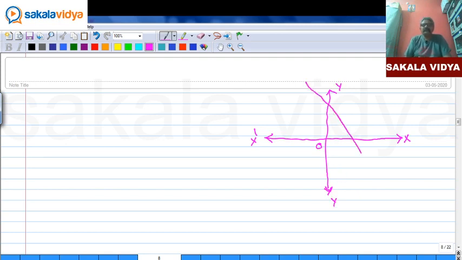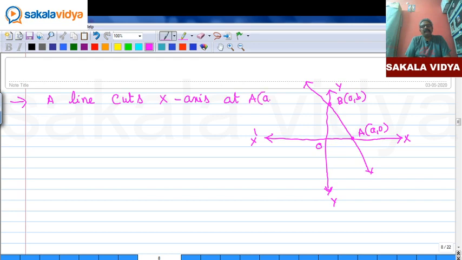Suppose a line cuts the x axis at (a, 0), on the x axis y is equal to 0, and the y axis at (0, b).